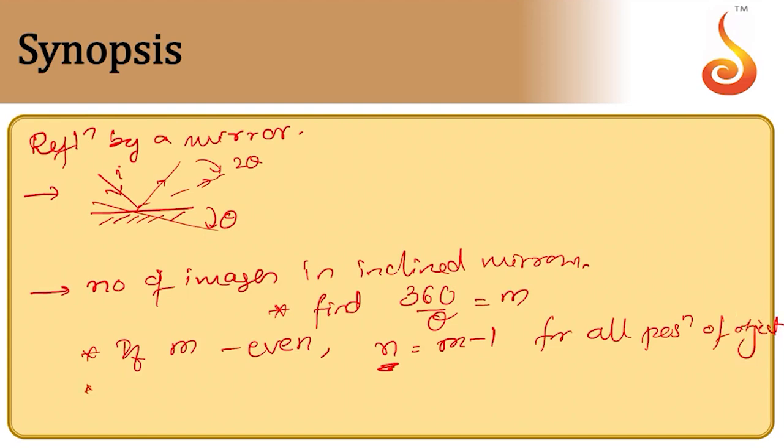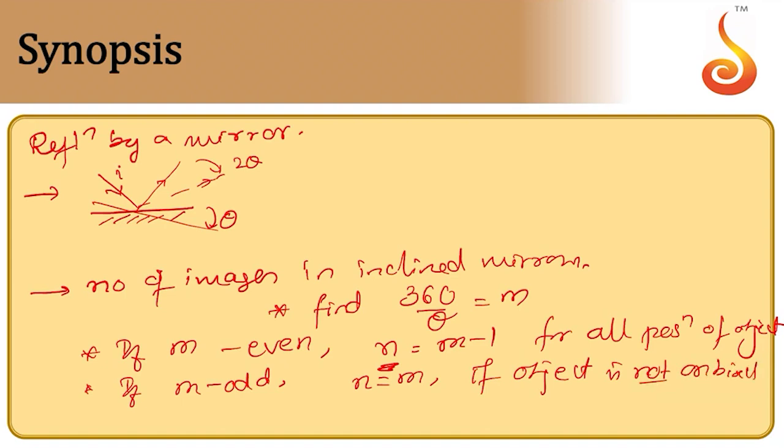However, if m is odd, then n is equal to m if the object is not on the bisector, and n is equal to m minus 1 if the object is on the bisector.